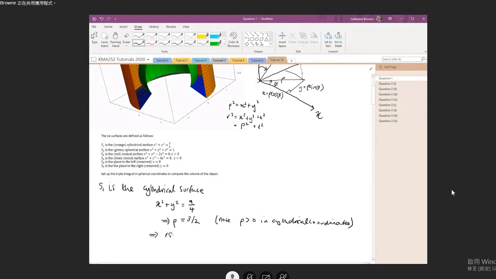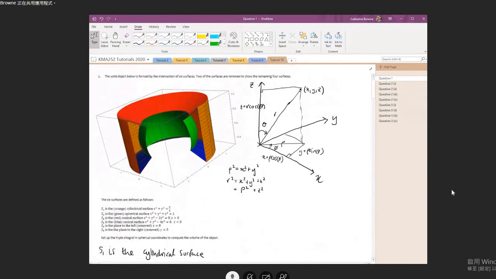Or in spherical coordinates, we get rho, which is equal to r sine theta, is equal to 3 on 2.